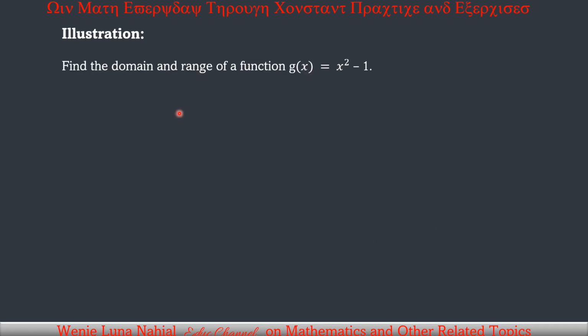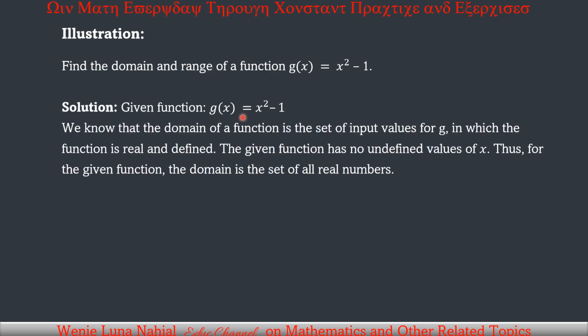Here we have: find the domain and range of a function g defined by g of x equals x squared minus 1. Now, we have here the given function, g of x equals x squared minus 1.